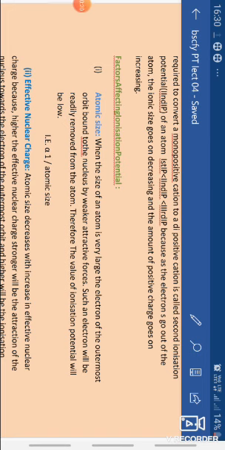Now see, in this case, the atomic size is inversely proportional to the ionization enthalpy. As the atomic size increases, the ionization potential or ionization enthalpy decreases.